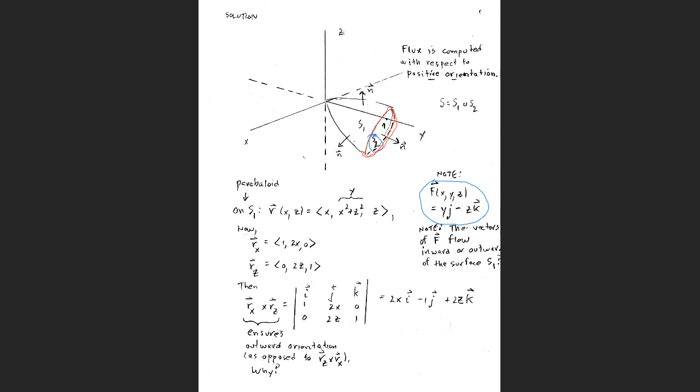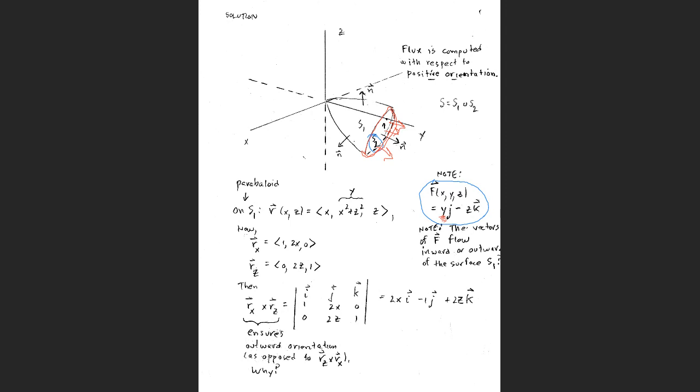No question about it, because the vectors in the vector field are moving to the right. They're moving to the right because the entire solid is to the right of the xz plane, which means the y components of the vectors are positive. And so they are flowing outward from that surface S sub 2.